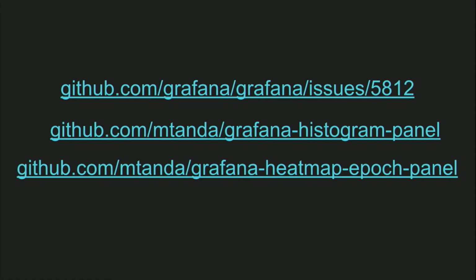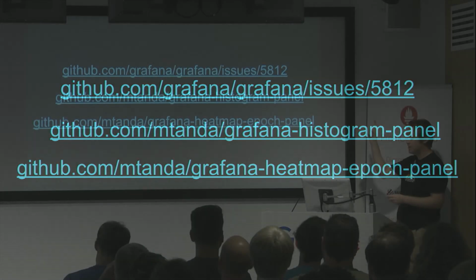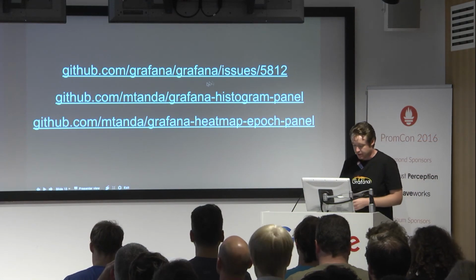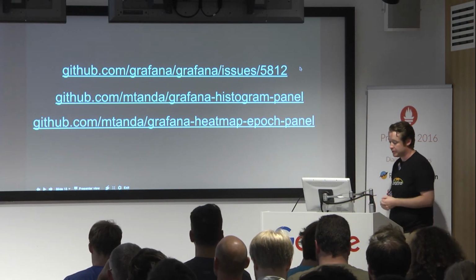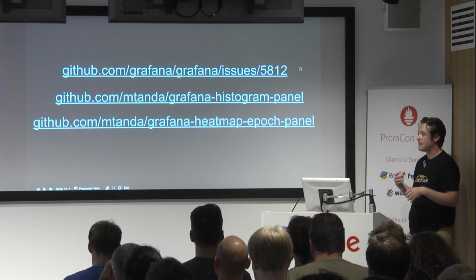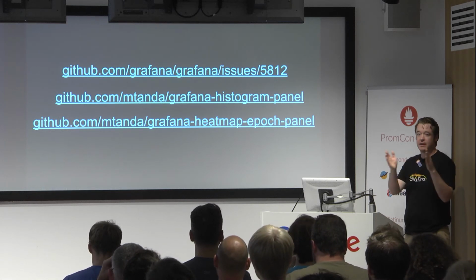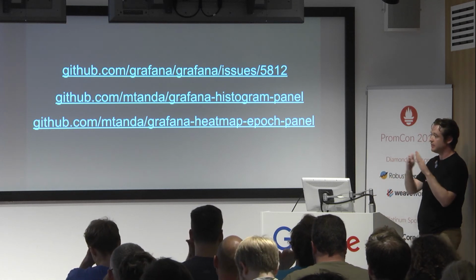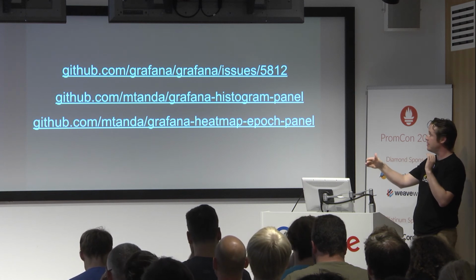I've been asked many times during this conference about histograms and heat maps, and we don't really support that yet. But there's one issue that you might want to keep track of, where we are starting to add possibilities to add different values to the y-axis in the graph panel.